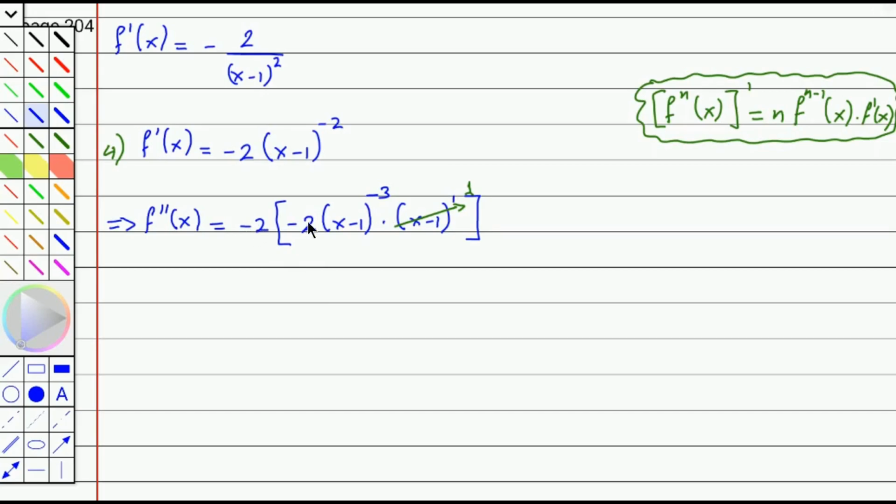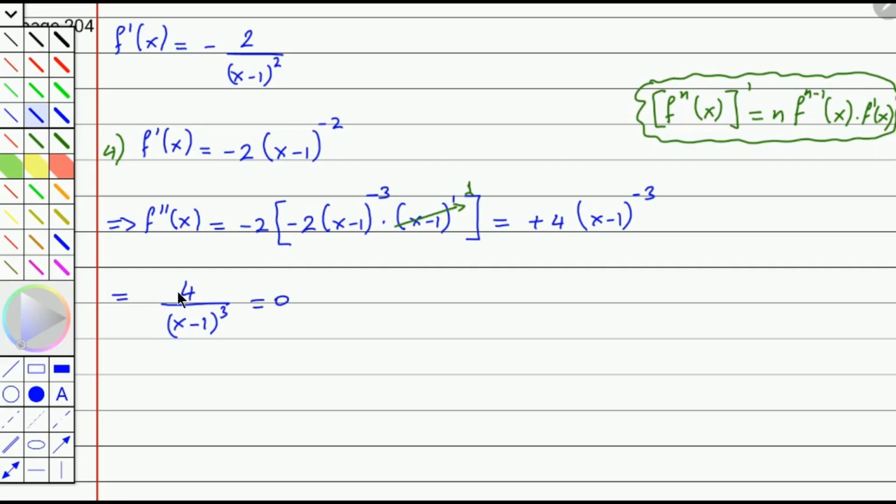We have negative 2 times negative 2. We have positive 4 times x minus 1 to the negative 3. So let's bring the brackets back to the denominator. So this is equal to 4 divided by x minus 1 quantity cubed equals 0.